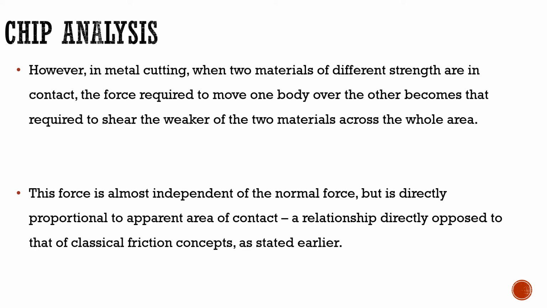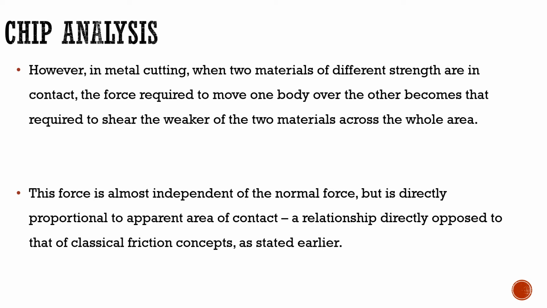In the extreme case, where the two surfaces are completely in contact, the real area of contact becomes independent of the normal force, and the frictional force becomes that required to shear the material across the whole interface.